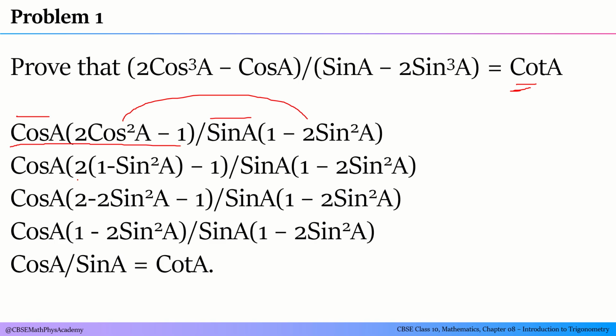Then cos A into (2 minus 2 sin square A minus 1). 2 minus 1 gets solved as 1. So in the numerator you have cos A into (1 minus 2 sin square A) divided by sin A into (1 minus 2 sin square A). These two terms get cancelled, and you are left with cos A by sin A, which is nothing but cot A.